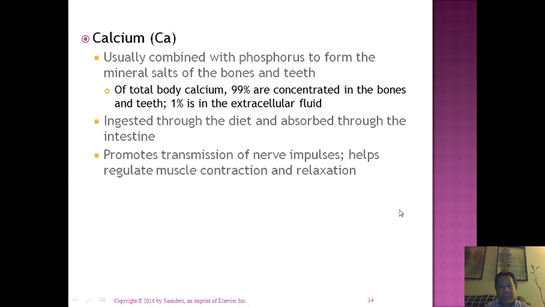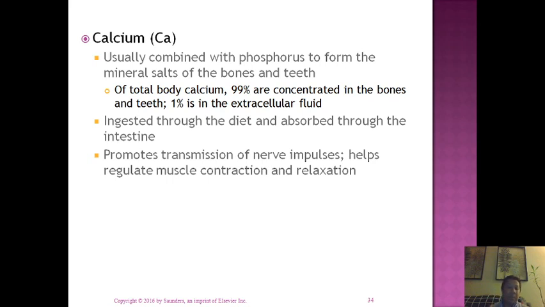Calcium promotes transmission of nerve impulses, and it helps regulate muscle contractions and, of course, relaxation. So, a low calcium level will cause problems in the relaxation of muscles, and that's the reason why a lot of times hypocalcemia, or a low calcium level, can lead to involuntary muscular contractions like positive Chvostek's sign and positive Trousseau sign.